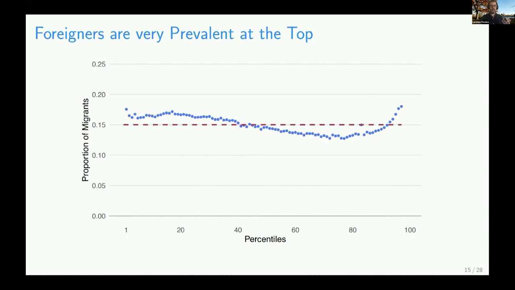You can see that indeed there are more migrants relative to the average at the bottom of the distribution. And this is where much of the public debate and the academic literature has focused when analyzing and talking about migration.